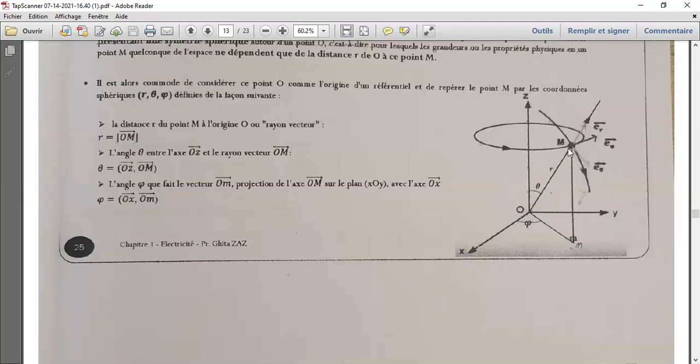These are the things which define spherical. So when you hear about spherical, you should know that we are talking about r, theta, and phi.